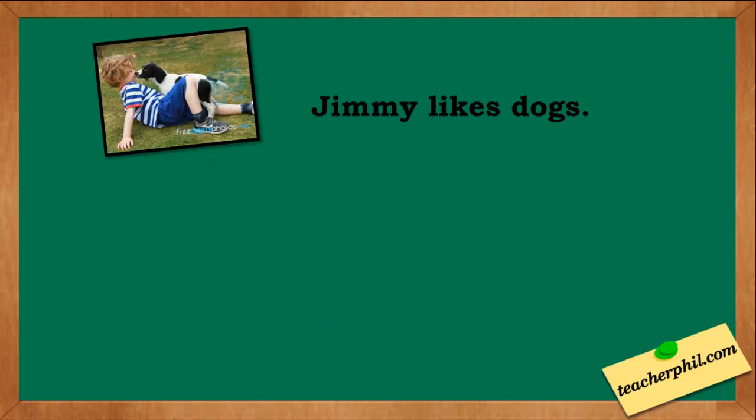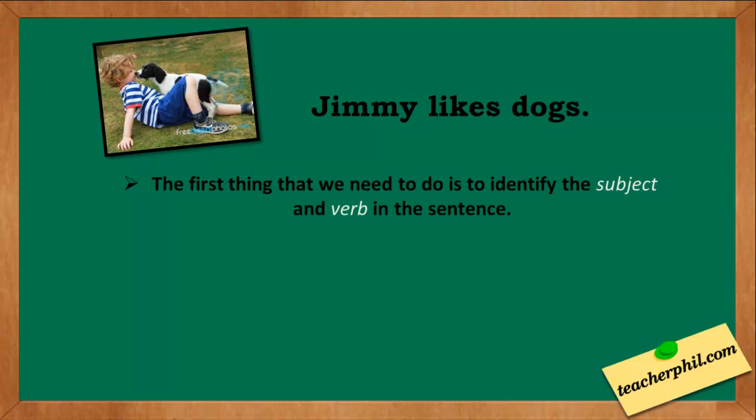Examples: Jimmy likes dogs. So the first thing that we need to do is to identify the subject and verb in the sentence. So our subject here is Jimmy. It is the doer of the action. And our verb is likes.